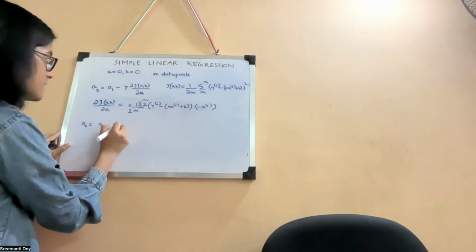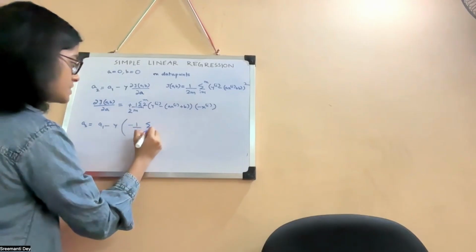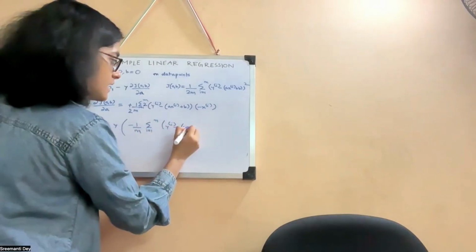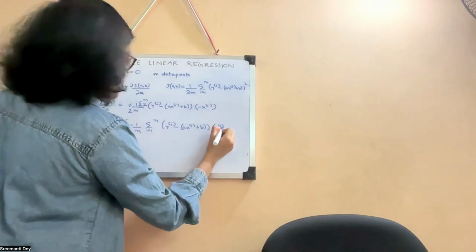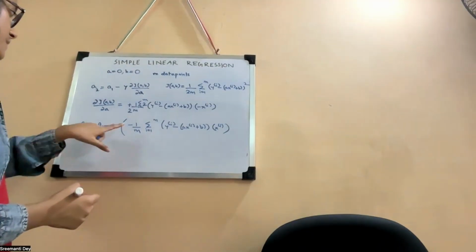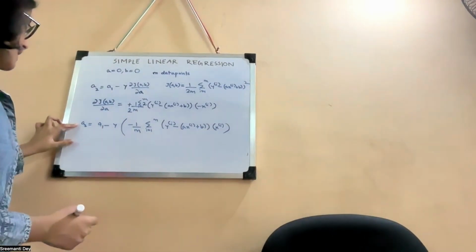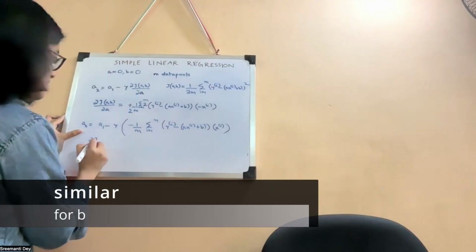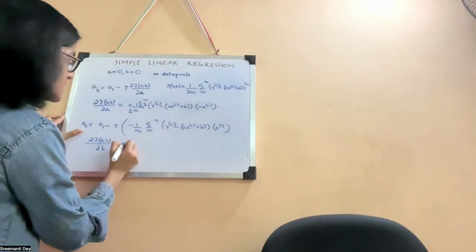A1 equals A0 minus gamma times minus 1 upon m, summation i equal 1 to m, (yi minus (A xi plus b)) multiplied with xi. So this you can just simplify, doing plus, and the rest stays the same. This is for A. For B you can do it, but I'll still do it in case you want to match the answers.